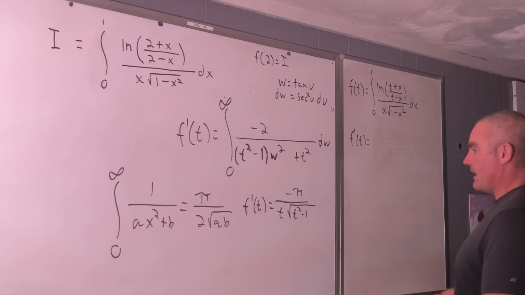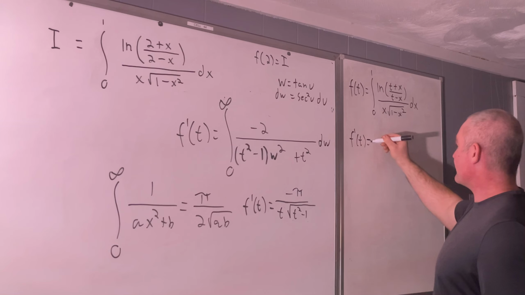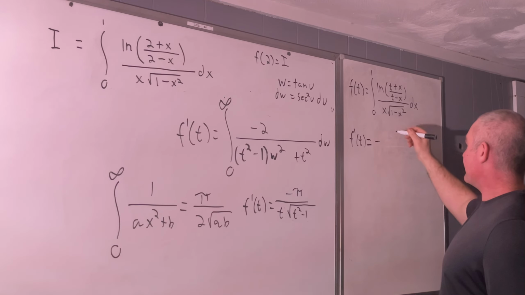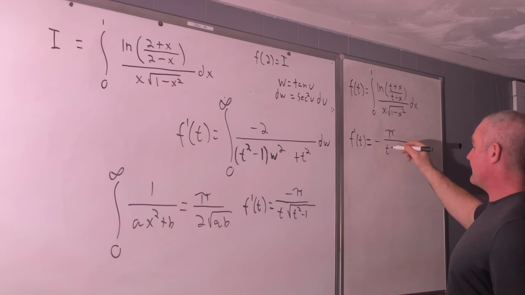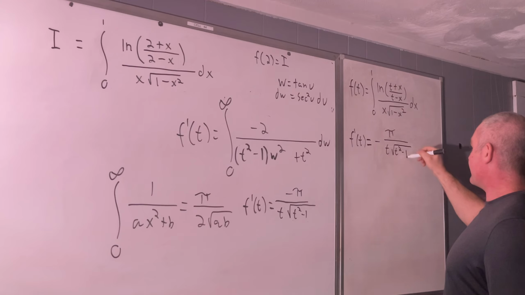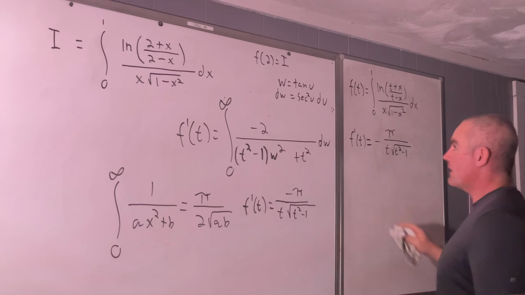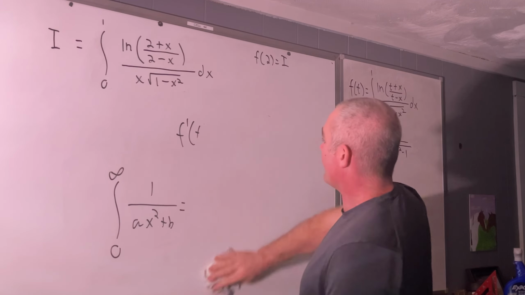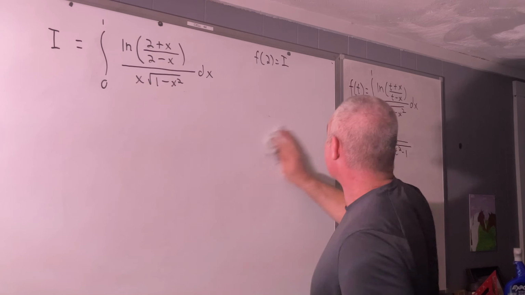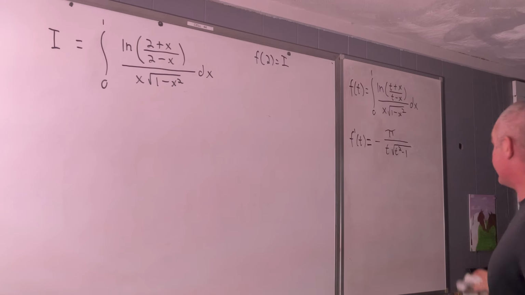So now we have f prime of t is equal to negative pi over t square root of t squared minus 1. All right. But we are not interested in f prime of t.